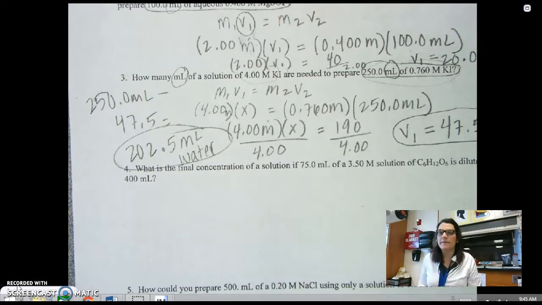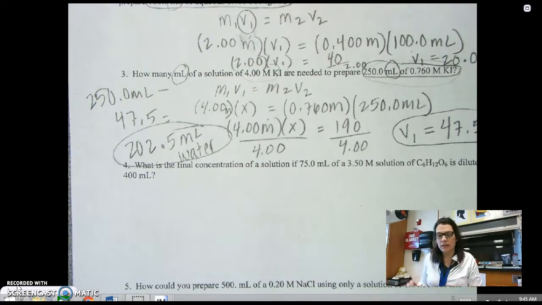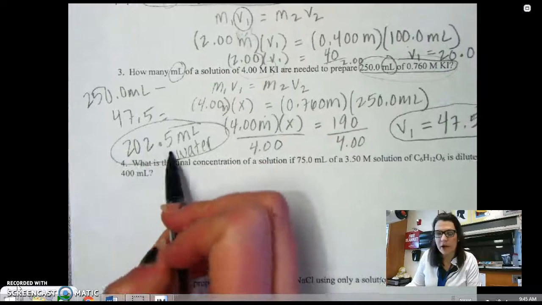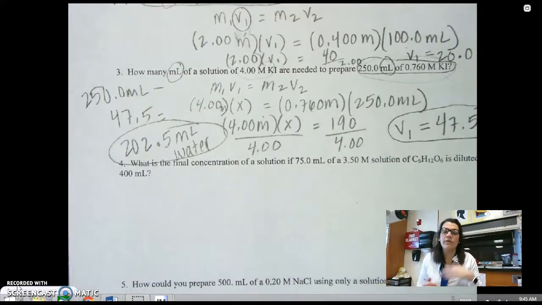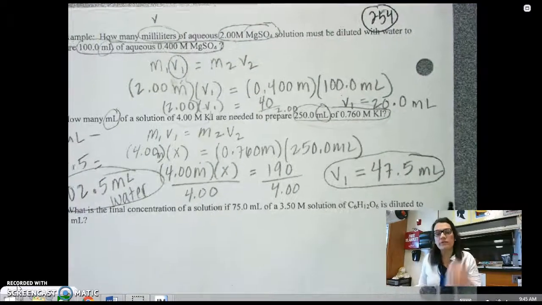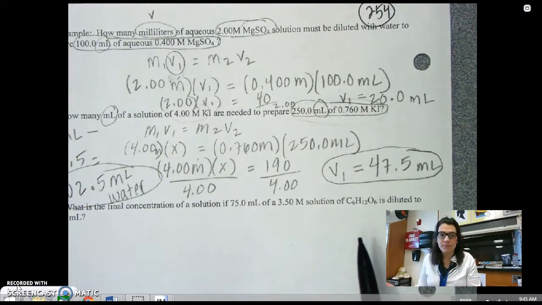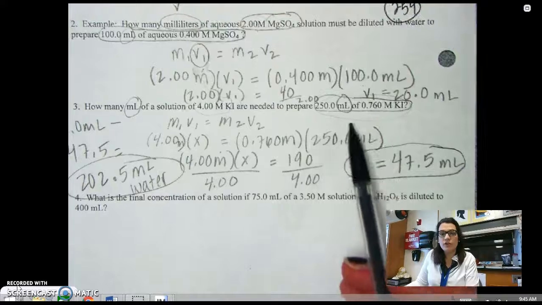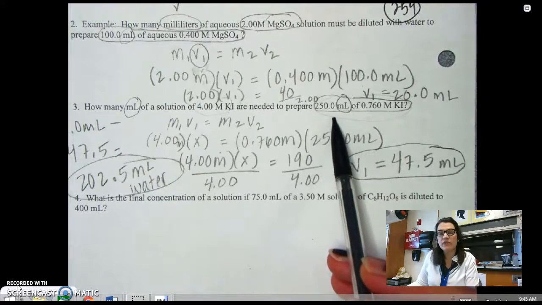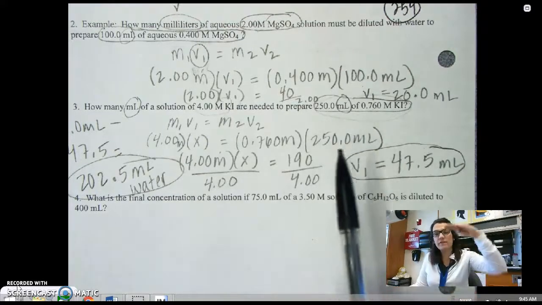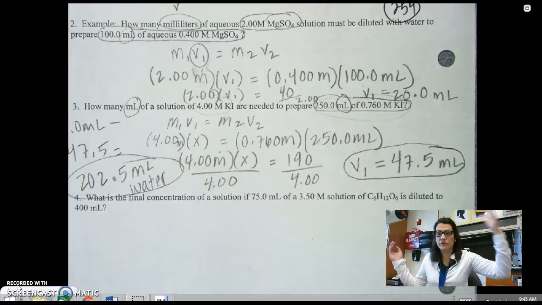Now here's the thing. I don't necessarily have to calculate that out because we have volumetric flasks that do that for us. So if I was making this solution, I would get 47.5 milliliters, put it into a 250 milliliter volumetric flask, and then fill to the line with water. And then my solution's made.